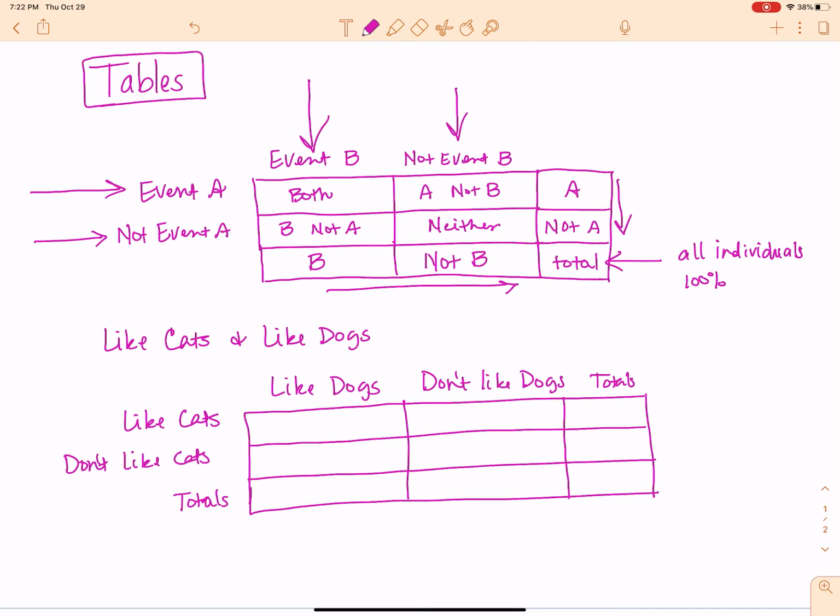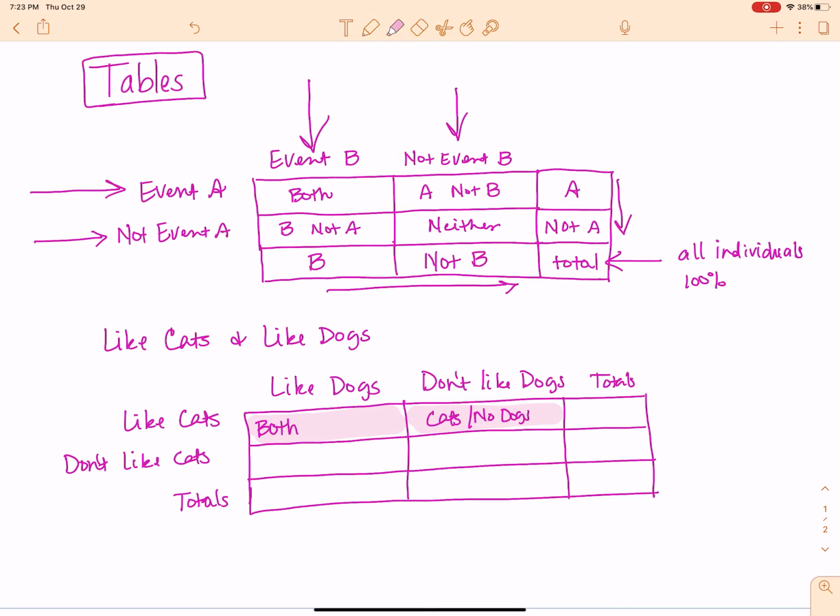Okay, so let's see. People who are in this area right here, they like cats and dogs. So they like both. People in this area right here, these people don't like dogs, but they do like cats. So cats, no dogs.